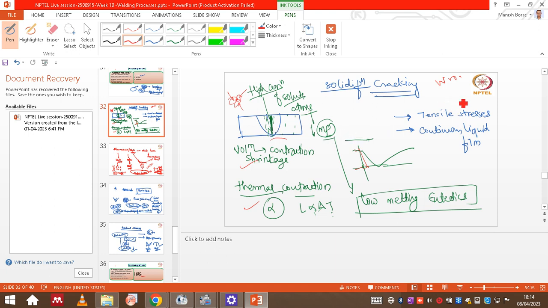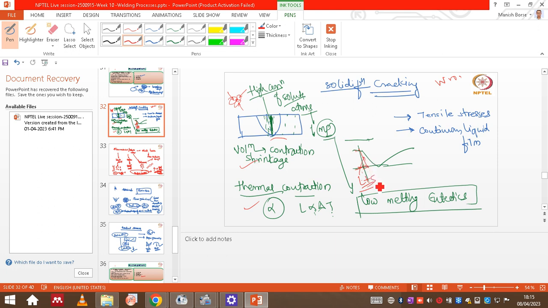Let's say the material has a large solidification range, there will always be liquid present here, right? Because both solid and liquid phase are present, right? So as temperature is reducing, the amount of solid increases and the amount of liquid decreases, okay?